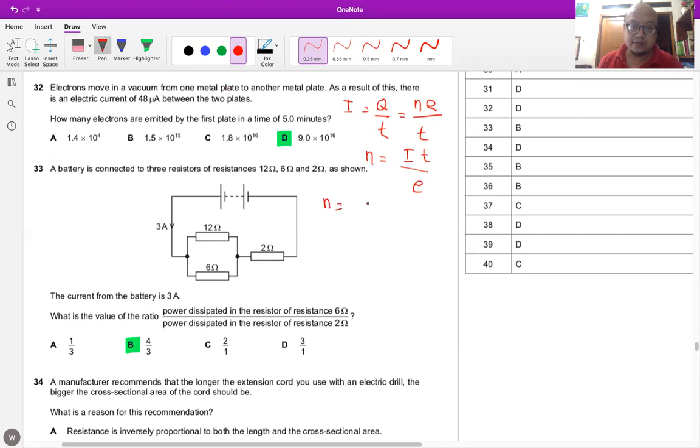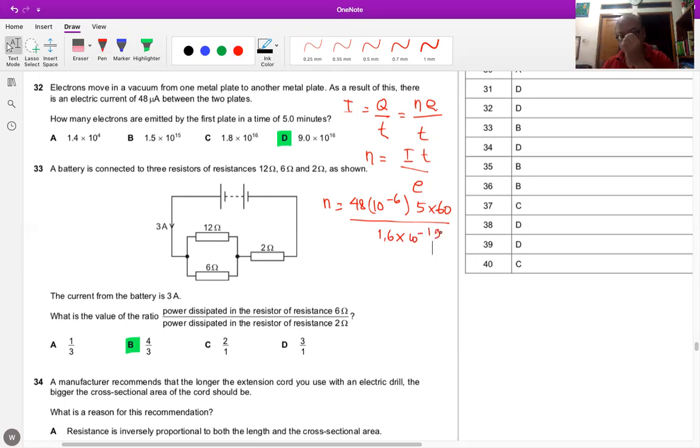So N equals 48 microampere, this is micro, time is 5 minutes, 60 seconds each, divided by the charge of electron, 1.6 times 10 to the minus 19. You can see here 4.8 divided by 1.6 is around 3.